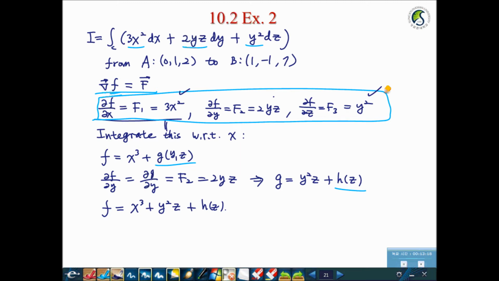And we have another condition that we need to use, so we differentiate again. df over dz is y squared plus h prime, which is F3, which is y squared.